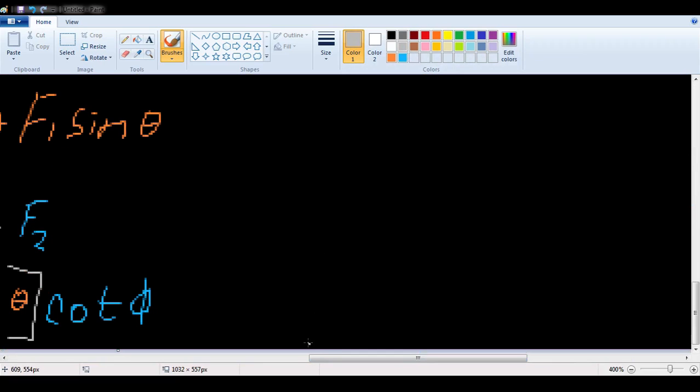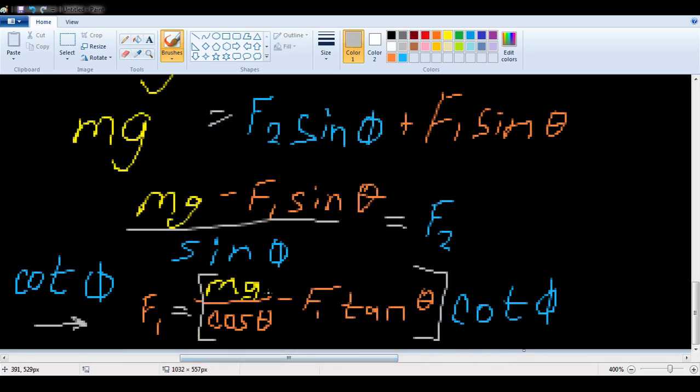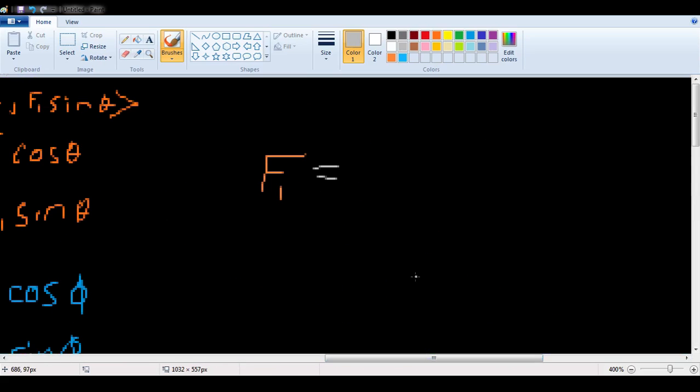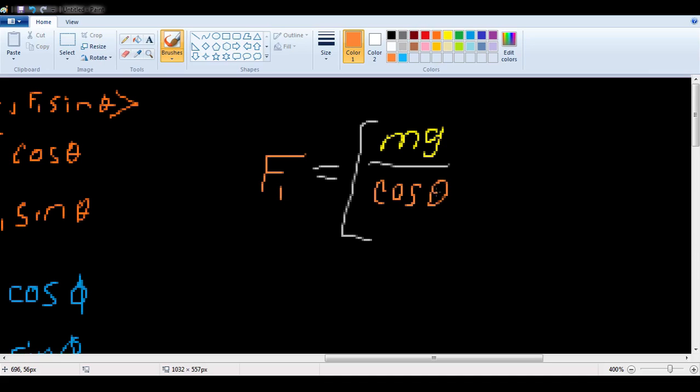So f1 equals mg over cosine theta, and I'm actually going to take a step in here and multiply this by the cotangent of phi.